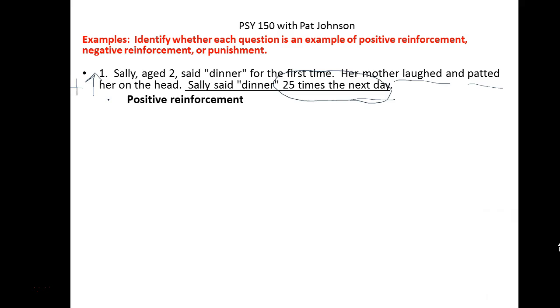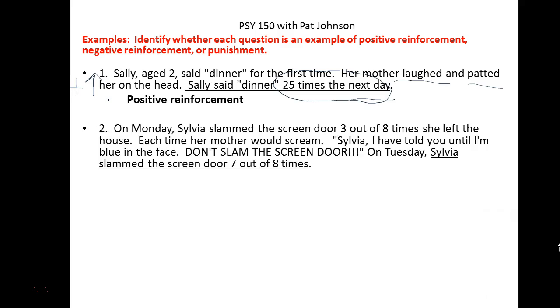All right, next question. On Monday, Sylvia slammed the screen door 3 out of 8 times she left the house. Each time her mother would scream, "Sylvia, I've told you until I'm blue in the face, don't slam the screen door." On Tuesday, Sylvia slammed the screen door 7 out of 8 times. Now, her mother's yelling, but don't look at it on the surface. Examine this like it's a math problem.